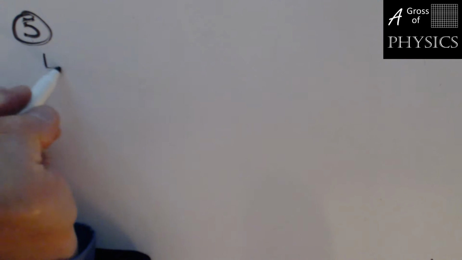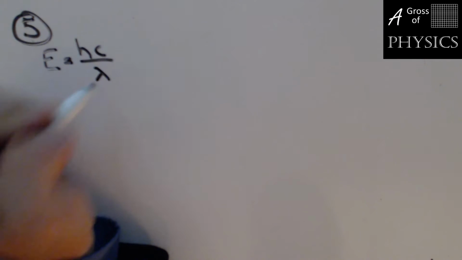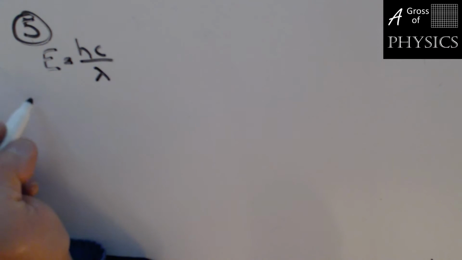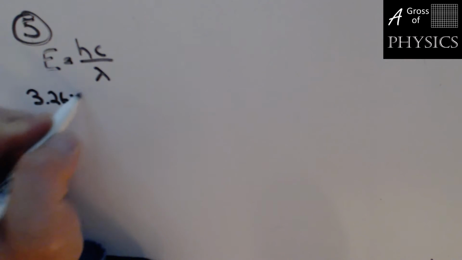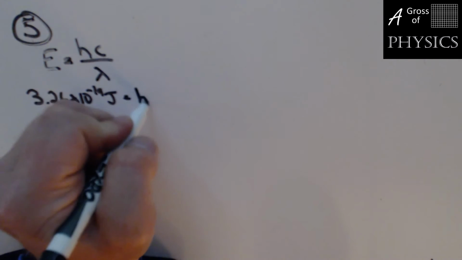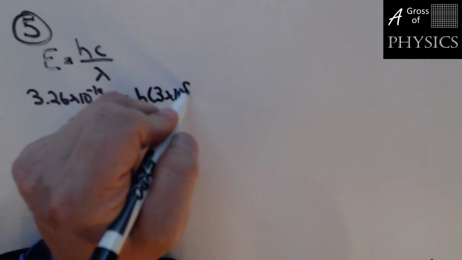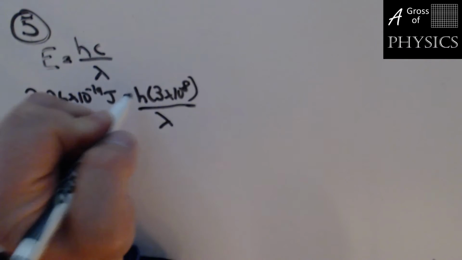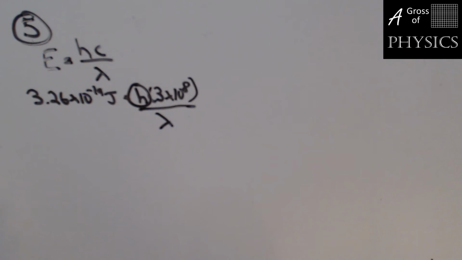All right, number 5. We're going to calculate the wavelength, which is going to be hc over lambda, for a photon with 3.26 times 10 to the negative 19 joules. We have h, we have 3 times 10 to the 8, and we have lambda. Now h is 6.63 to the negative 34. So if we do 6.63e negative 34 times 3e8, that'll take care of this side.